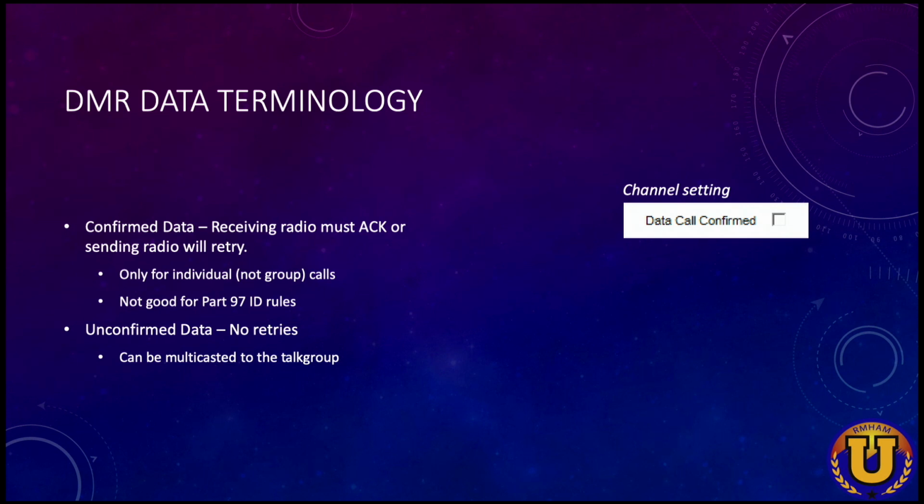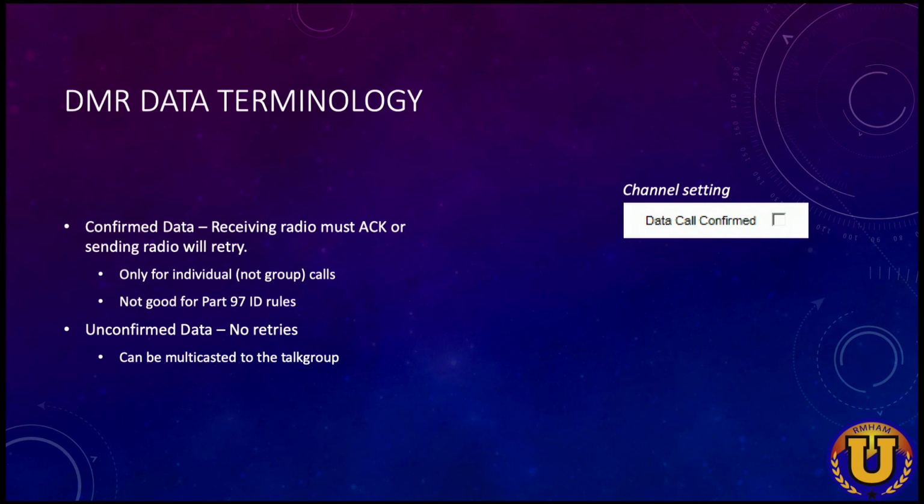And that's obviously desirable, but it presents a problem for Part 97 operation because you're basically causing somebody else's radio to make a transmission, and they may not know that's happening, and it certainly isn't going to ID for them properly. So for amateur use, you should probably not be using confirmed data unless you can be absolutely certain that whoever's on the other end can take care of the identification requirements for their radio.